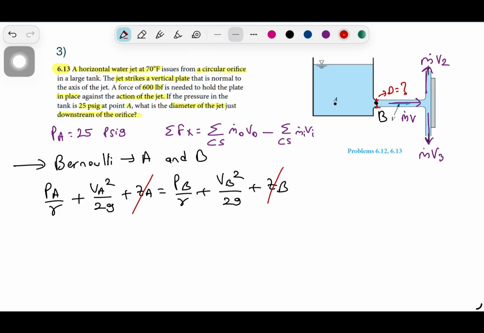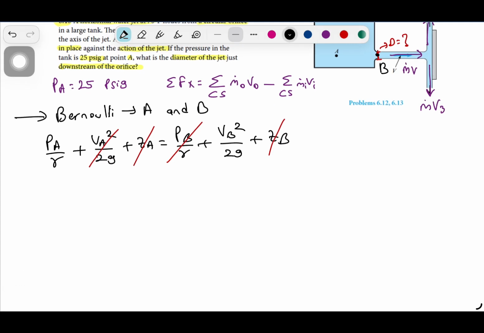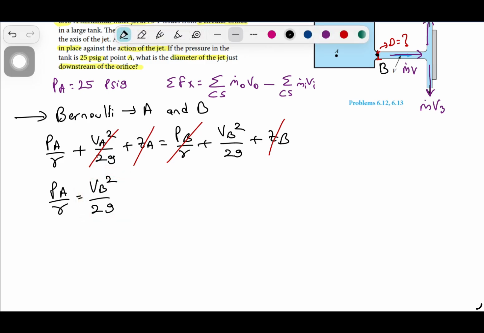So we just discarded them. And also inside of this large tank, the velocity will be very, very slow. So we can also neglect the velocity inside of the tank. And also we will not have pressure because it is going to atmosphere. So we can just also remove them. And what we have is PA over gamma is equal to V squared over 2g. So this is going to be the exit velocity, which will help us to find the force.